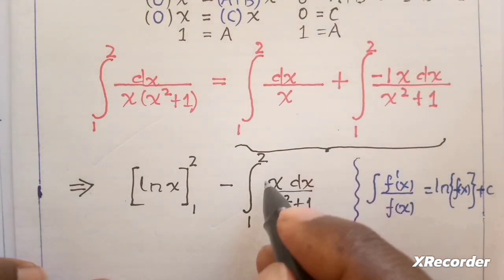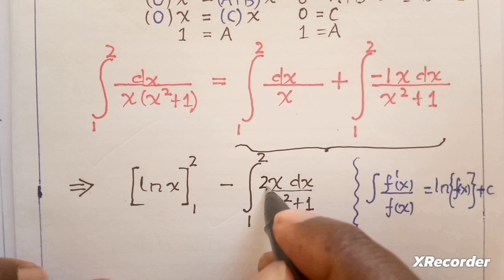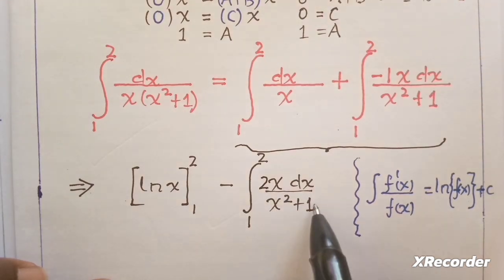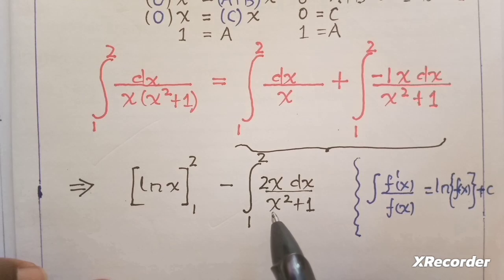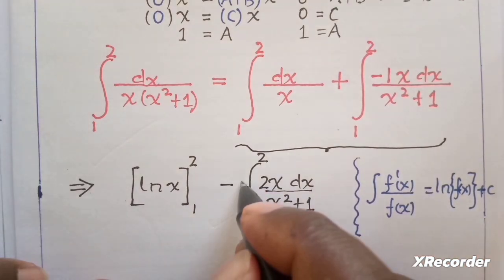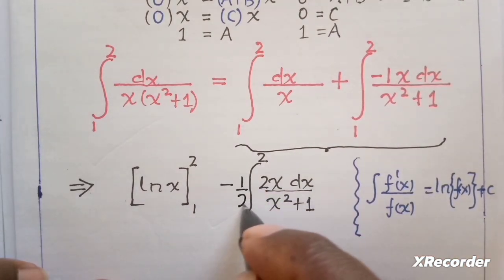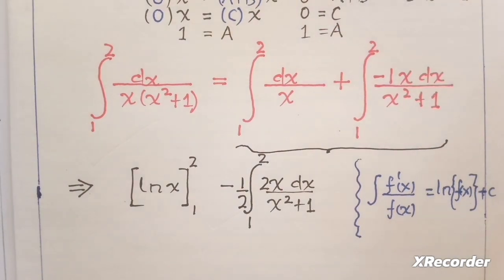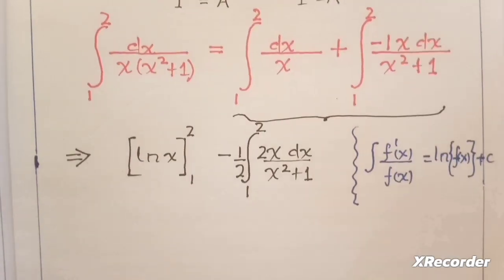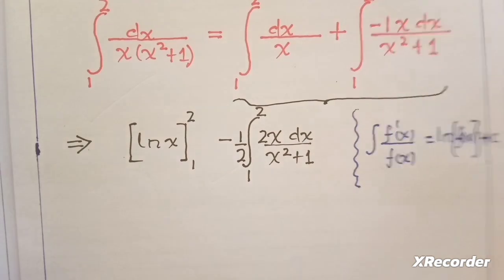So I write 2 here, so that now we know the differentiation for that is this. But now if I write 2, I have changed the equation. So, guys, I have to multiply by 1 over 2. So from there, guys, we can now integrate. And this is how we do it, guys.